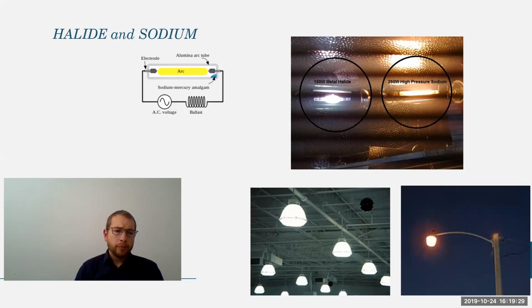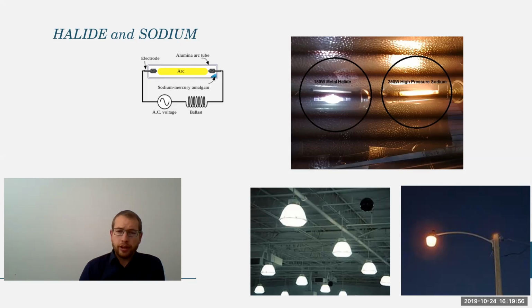Another form of relying on that fluorescent technology of creating an arc are sometimes referred to as high intensity discharge, HID lights. Two examples of these are halide and sodium lights. Sodium would be the old street lamps, the really yellowish ones.